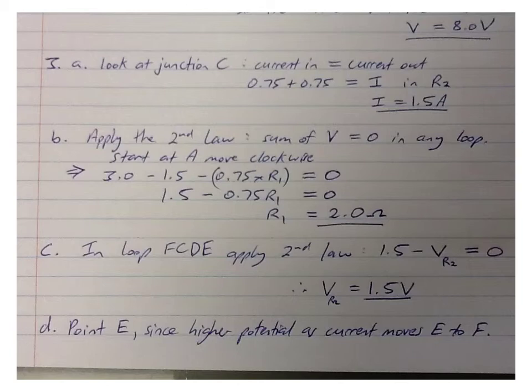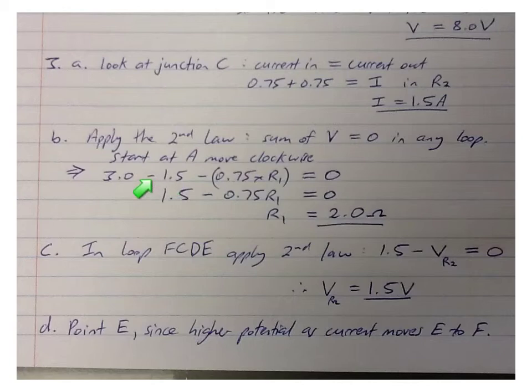So at point A, nothing's happening until we get to the 3 volt battery, in fact, 2 cells in series. And we therefore gain 3 volts because we move from the negative to the positive terminal as we move from A to B. So it's a positive 3 volts. Then we go along, nothing's happening until we get to junction C and turn down through a 1.5 volt cell backwards.